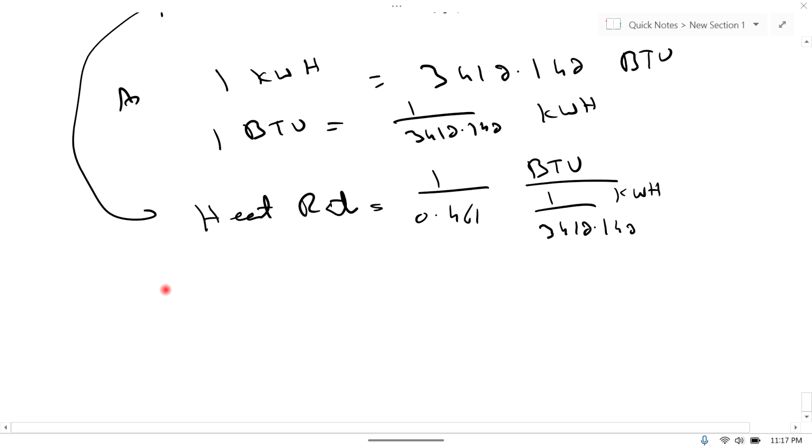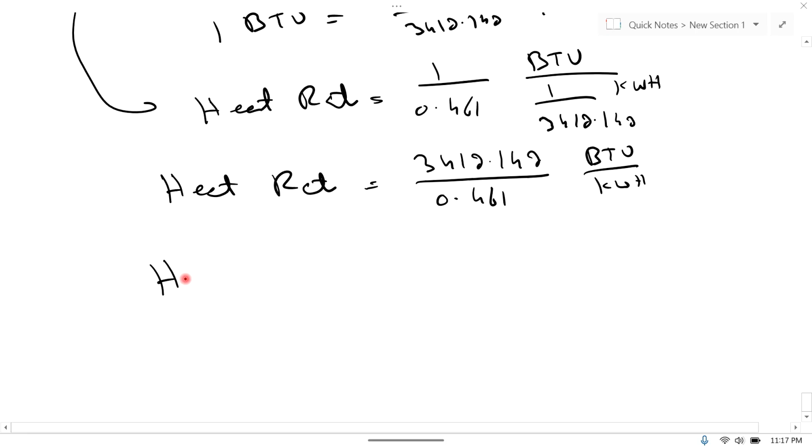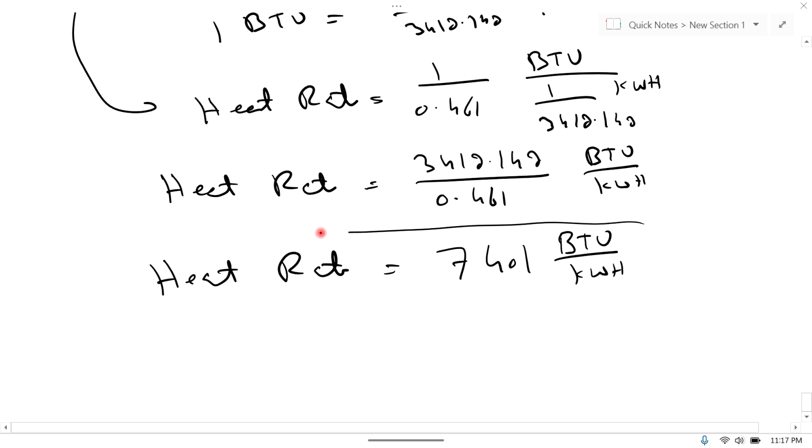So heat rate is equal to, this is a double division, so I can write this in the denominator, 1 divided by 0.461 BTU per kilowatt hour. So the final answer of heat rate is equal to 7401 BTU per kilowatt hour, and this is the end of the problem.